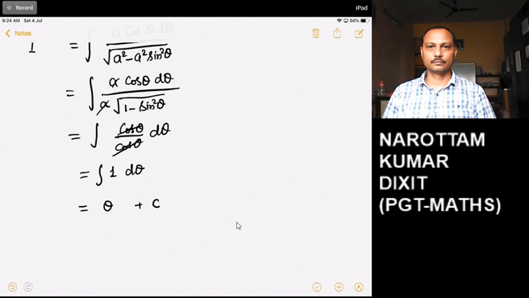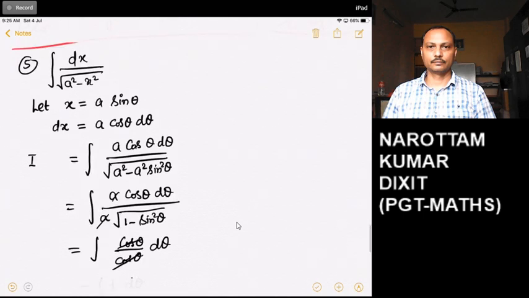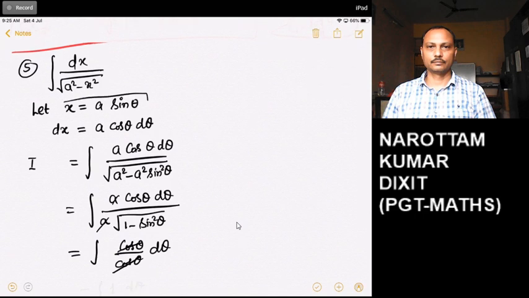Now, what is the value of theta in terms of x? So again, take what value we have substituted. It was sin theta is equal to x upon a. That's why theta is equal to sin inverse x upon a.